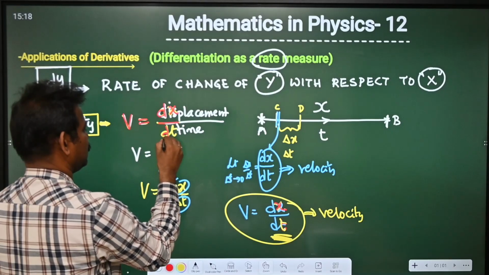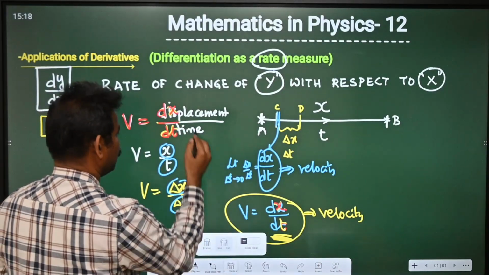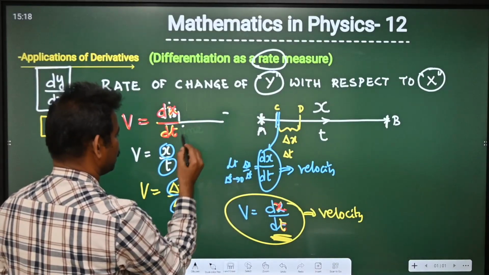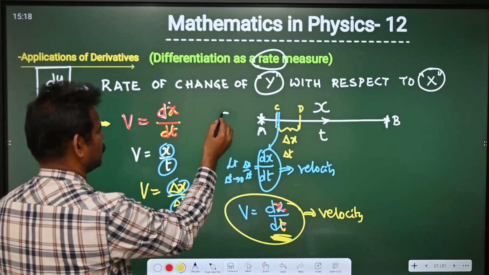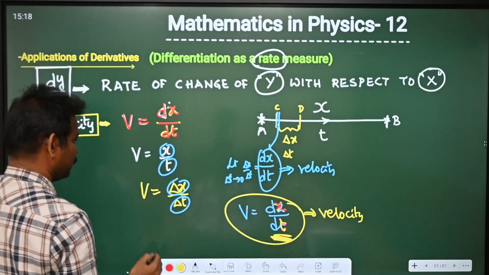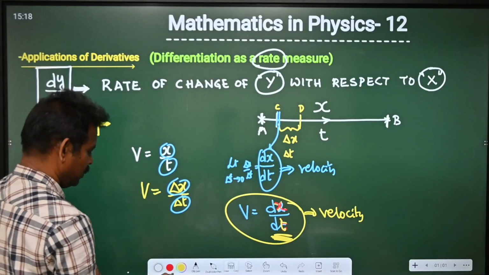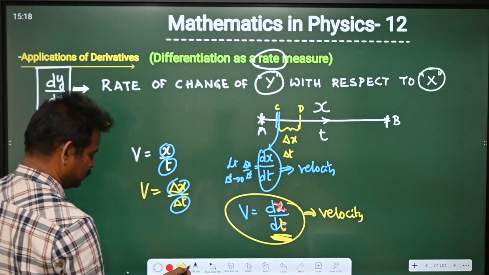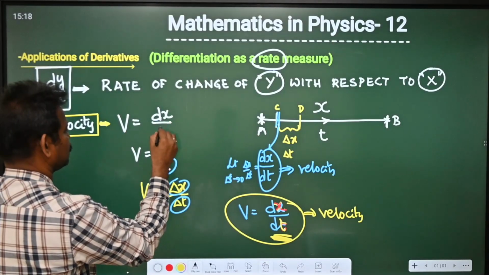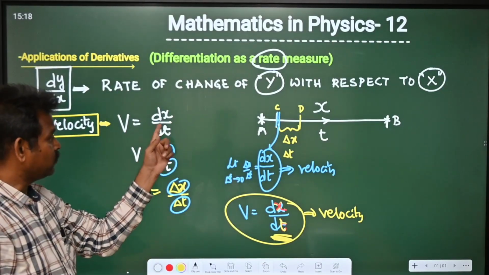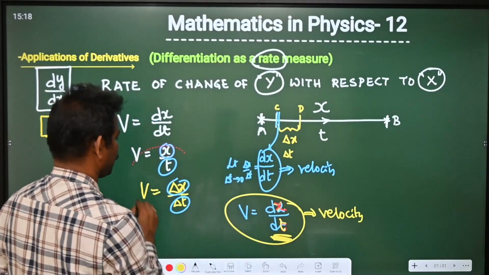Instead of writing everything, we can remove this displacement and time, and then we get only dx by dt. So velocity is dx by dt. The rate at which x is changing is called velocity.